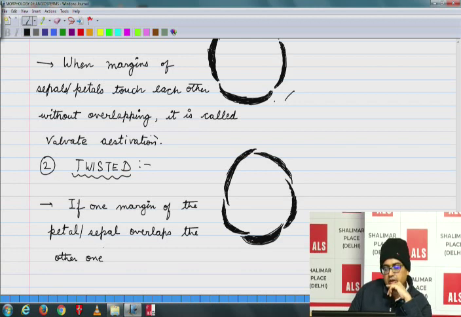Okay, the overlapping is on both sides, but the main thing to remember here is that only one margin will remain above, the other will remain below. Overlaps the other one with one margin above and the other below.